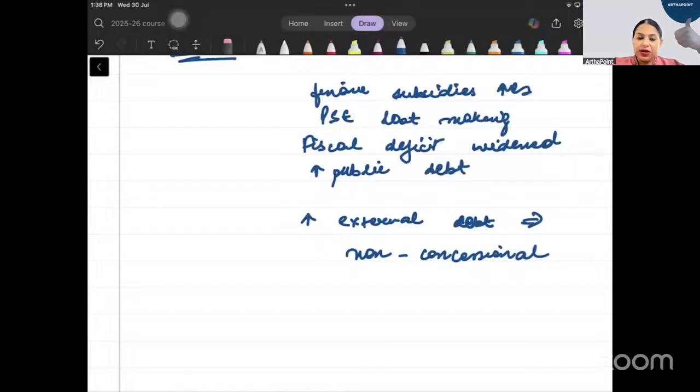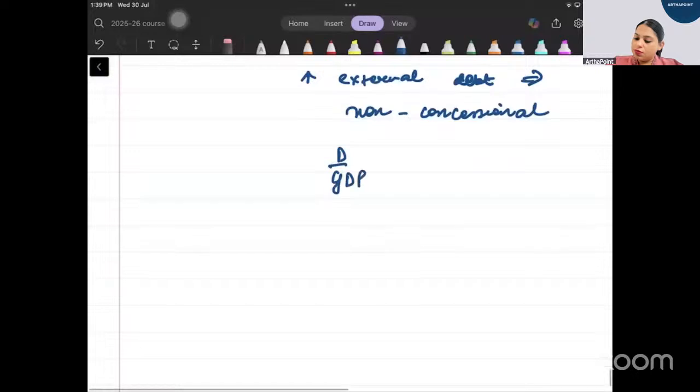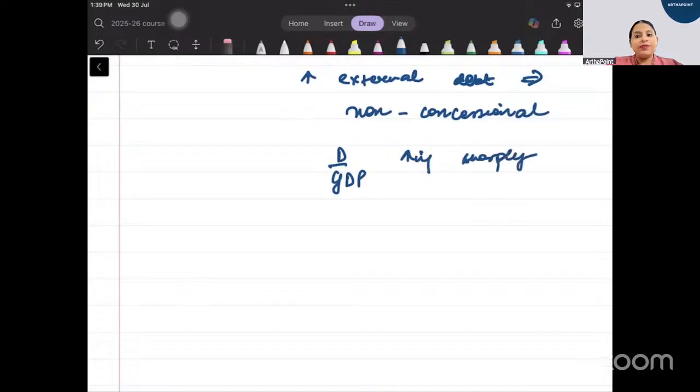So first, the interest rate was high, and second, the number of loans we were taking from outside was also increasing. So we saw that the debt-GDP ratio started increasing sharply, right? And we saw that it increased above 30% by the late 1980s. And then the debt became unsustainable, right?